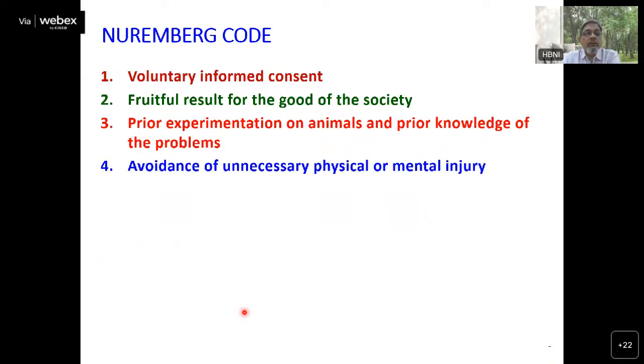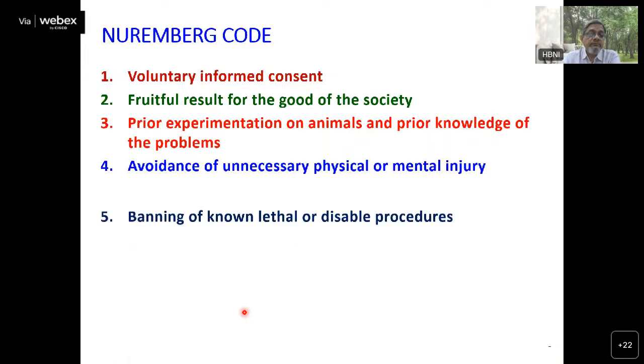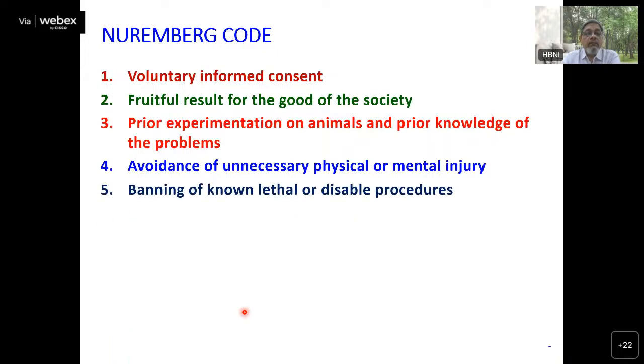Then you must try to avoid any unnecessary physical or mental injury to the human subjects. So whatever experiments are conducted must avoid any kind of physical or mental injury. Then any procedures that may cause death or disabling injury must not be used at all.